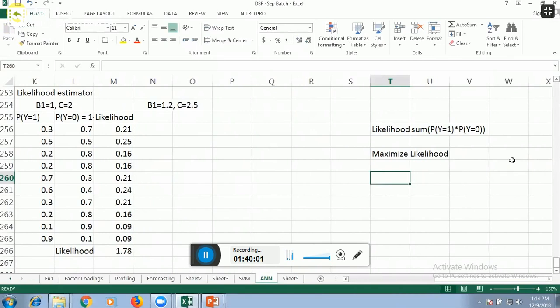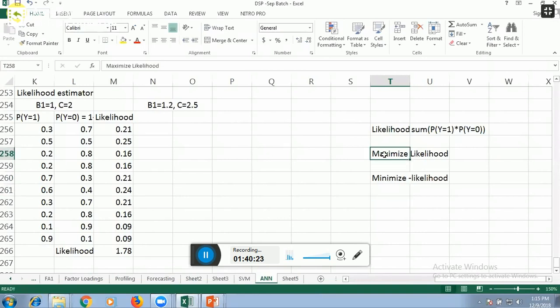Now, maximizing likelihood will be the same as minimizing the minus likelihood. Maximizing is the same as minimizing the opposite value. Correct or not?